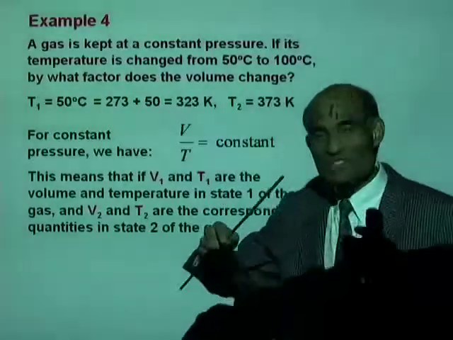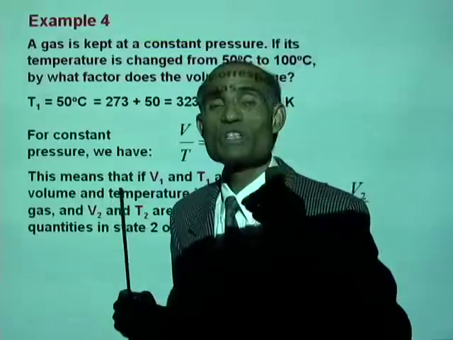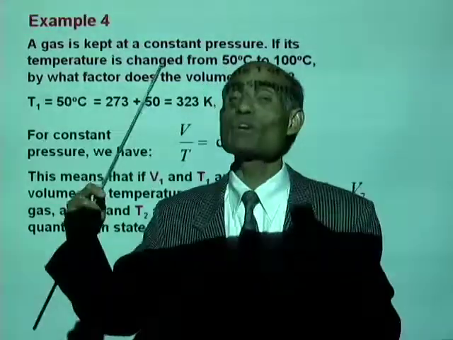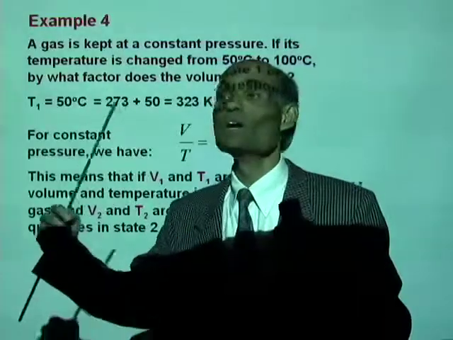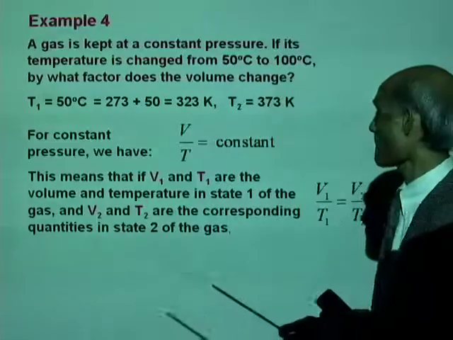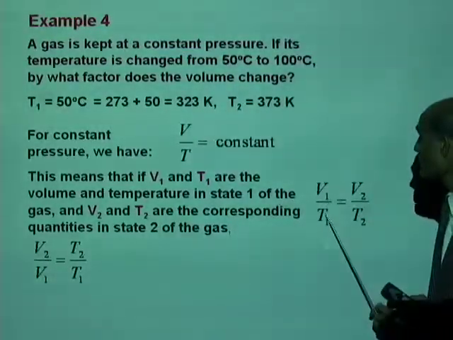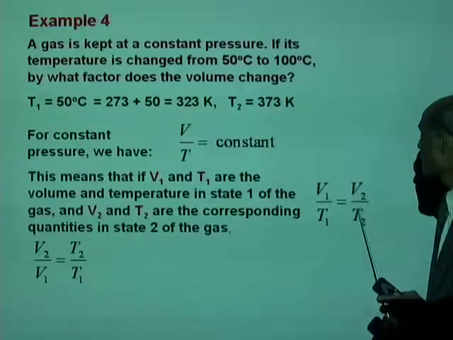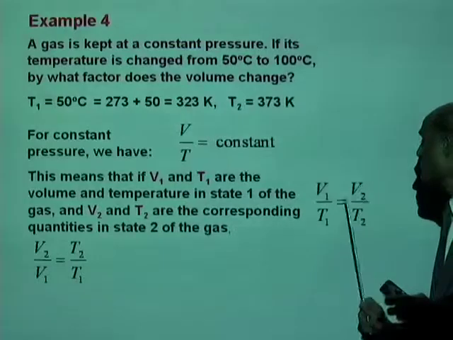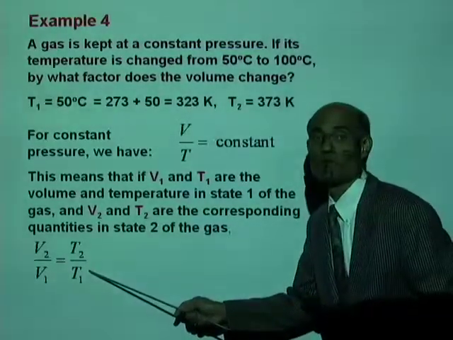You can take the gas into any number of states. V over T is a constant means V1 over T1 equal to V2 over T2 equal to V3 over T3 and so on. In this case, V1 over T1 equal to V2 over T2, then V2 over V1 will be equal to T2 over T1.